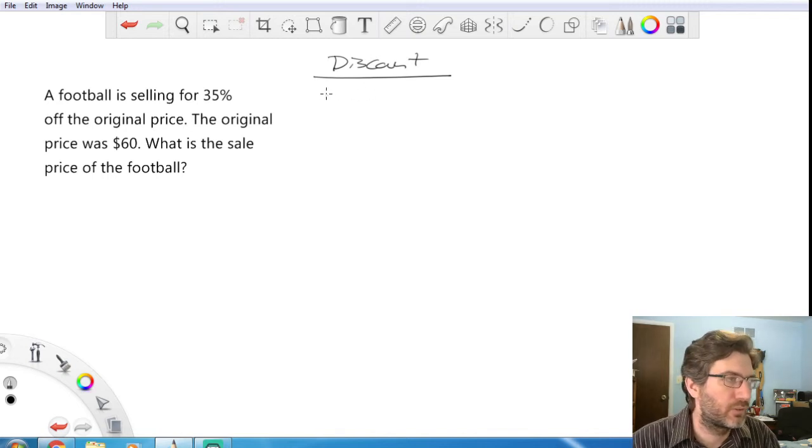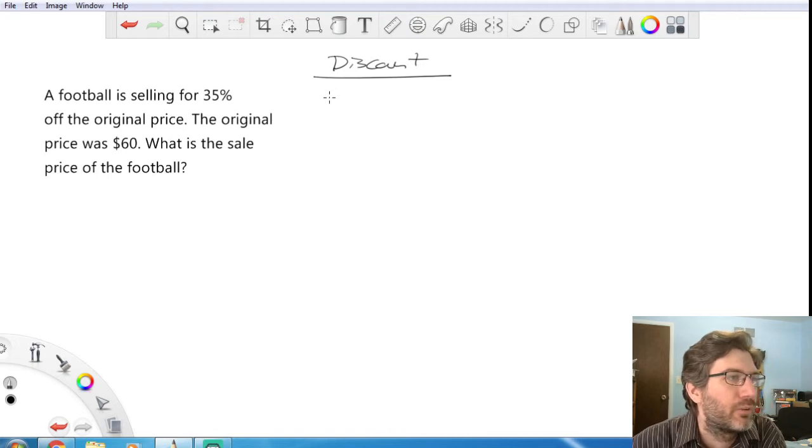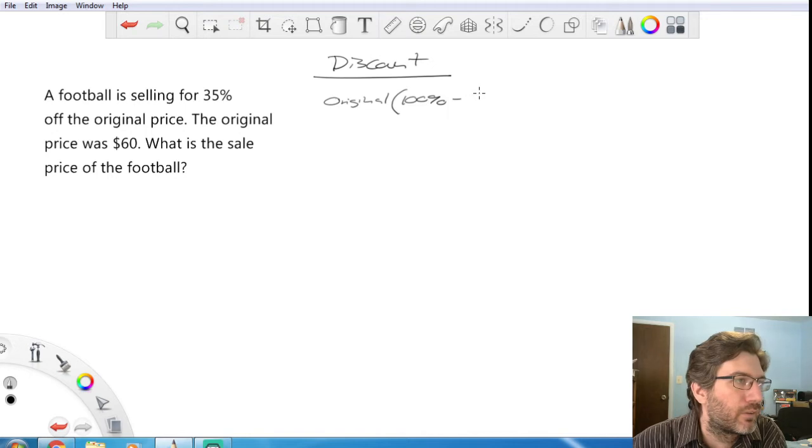Okay, first thing you want to do is, I don't know, there's many ways to do these. So you're taking your original price, you're multiplying it by 100% minus your discount percent, which would be whatever percent you're given here.